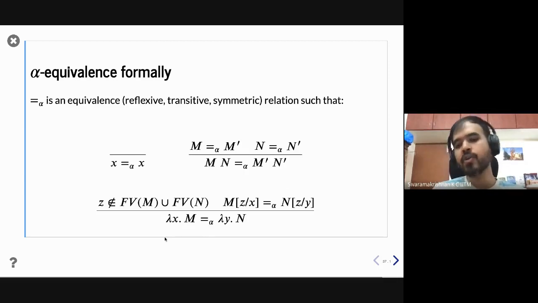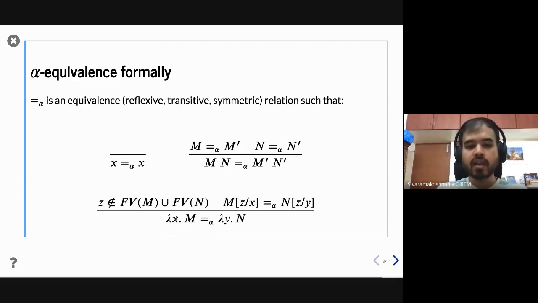And finally, how do you describe alpha equivalence for abstraction? This is why we had defined substitutions. I can say that lambda x dot m is alpha equivalent to lambda y dot n, right? When can I say that? What do I intuitively need to do? I need to pick a variable name, some variable name z.